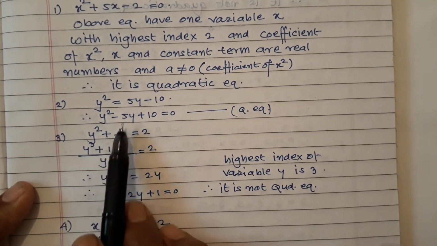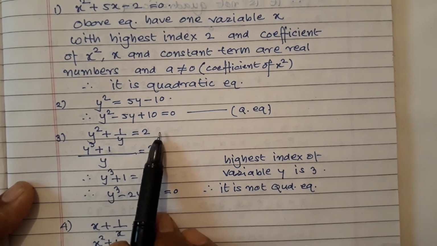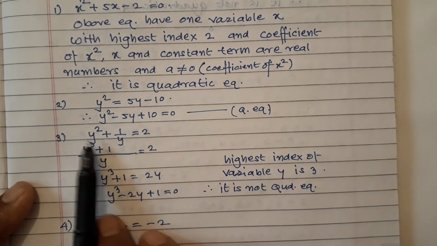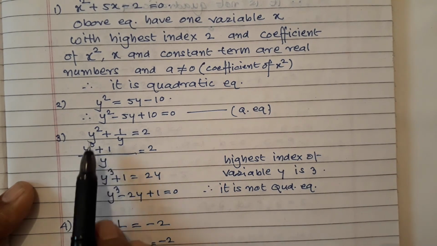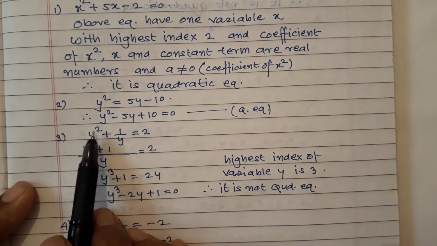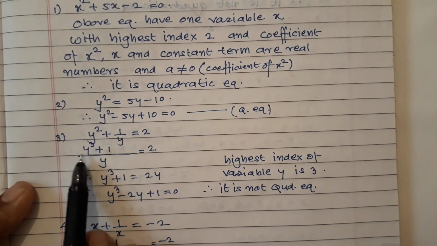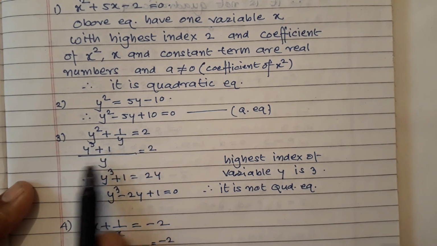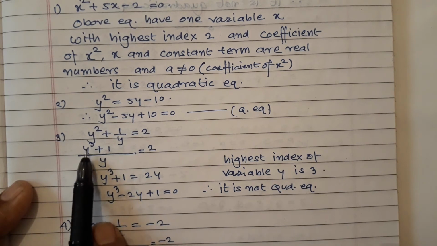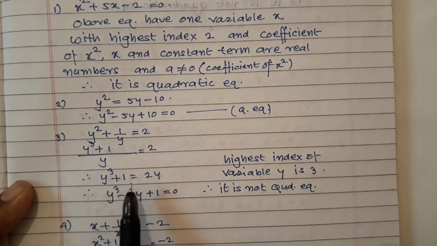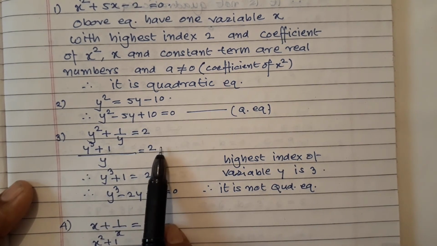Now then question number 3: y square plus 1 upon y is equal to 2. Now this equation you simplify. Equalize the denominator. So my denominator is y, so I multiplied by y. So y square by y, y cube plus 1 upon y is equal to 2. And therefore y cube plus 1 is equal to, this you transfer, 2y.